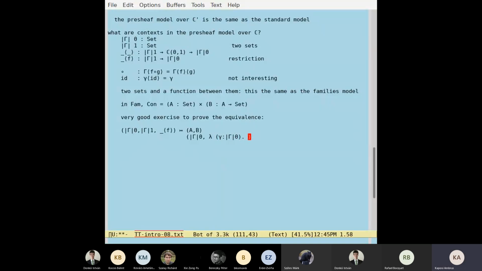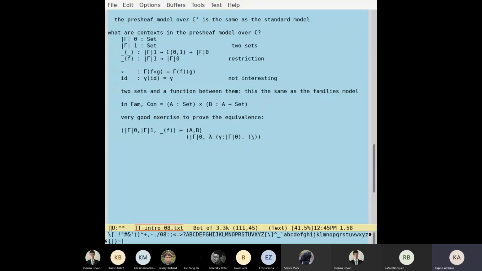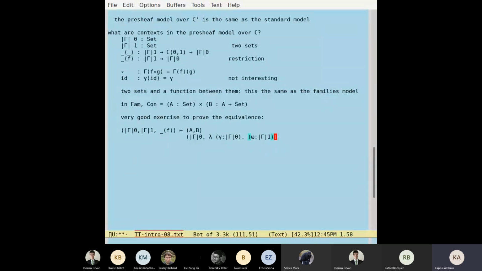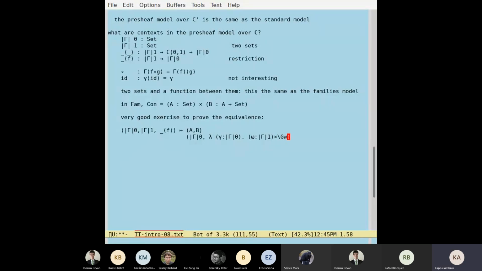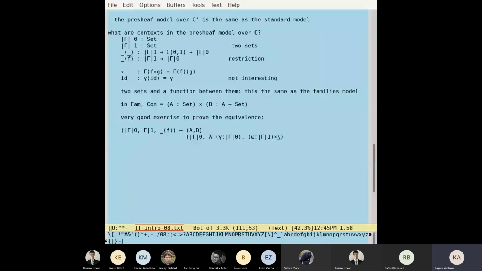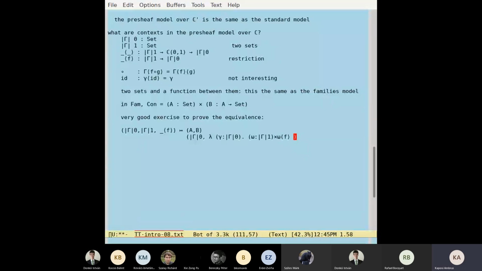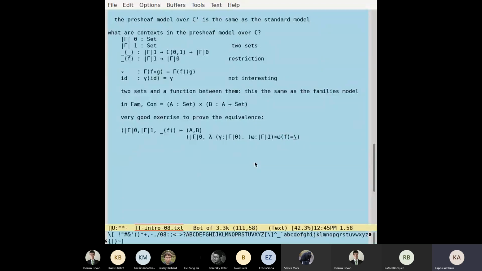I need a set, and I will say that I want the elements of omega, which are in gamma 1, such that if I use the function, which goes from gamma 1 to gamma 0, on omega, then I get something in gamma 0, and I get the same as this.